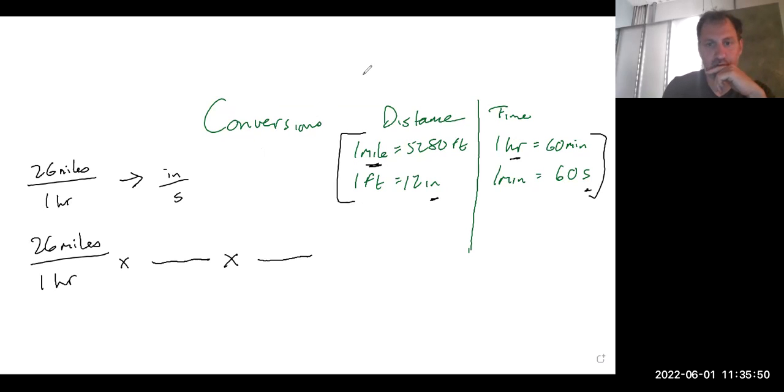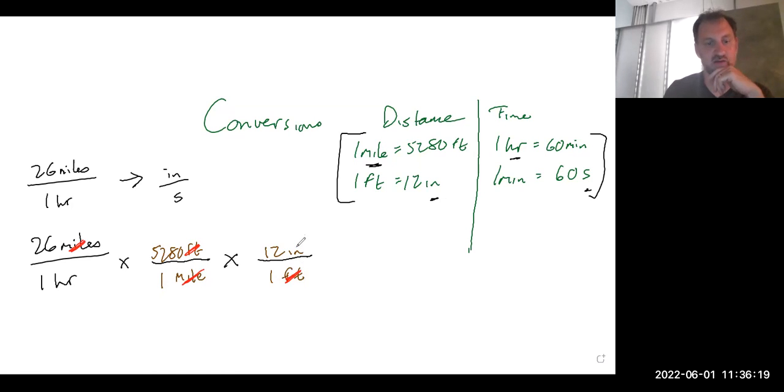I'm utilizing a property of multiplying fractions where if I have diagonal factors that are the same, I can cross them out. So 1 mile is 5,280 feet. 1 foot is 12 inches. The way I know I've set this up right is that the feet and the miles all cross out diagonally. What's left is the unit of inches.